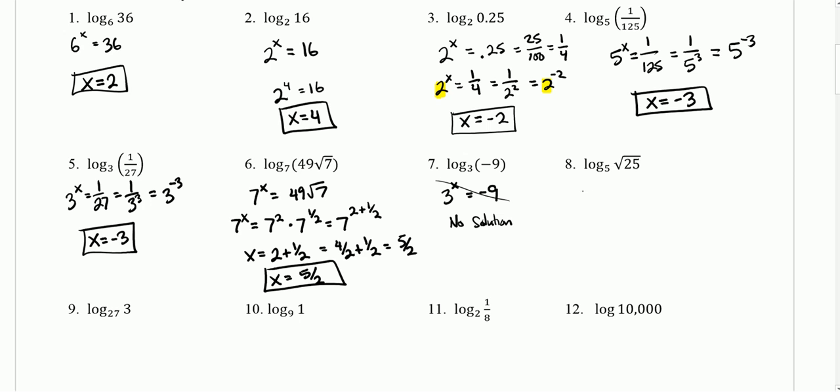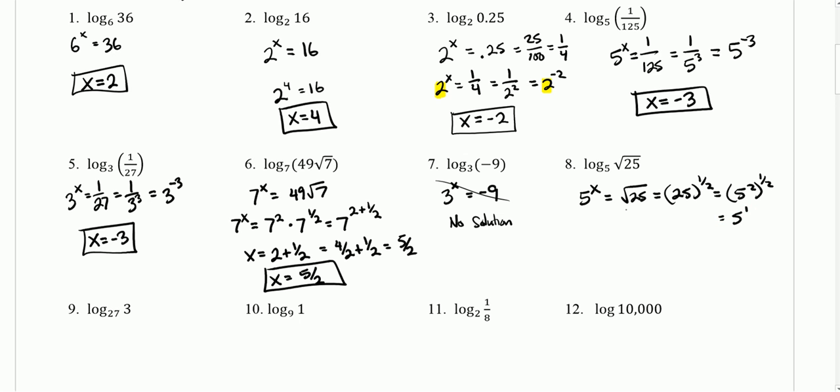Log base 5 of the square root of 25 is asking the question, 5 to what power is equal to the square root of 25. The square root of 25 is 25 to the 1/2 power, and 25 is 5 squared, still to the 1/2 power, and we multiply our exponents, 2 times 1/2, and get 1, which is 5 to the first power.